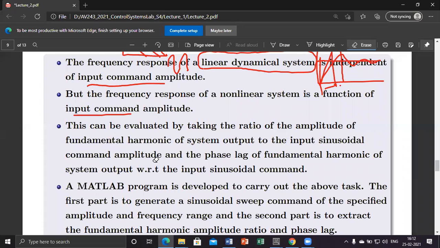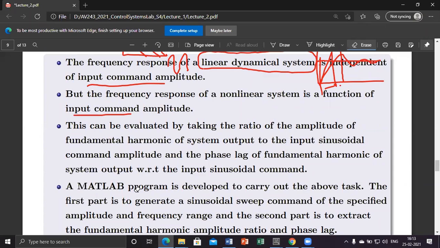It will contain sin 2 omega t, sin 3 omega t, etc. Similarly, cos 2 omega t, cos 3 omega t, like that. That is, the output will contain harmonics of the input. So there is a need to redefine the frequency response when we come across a nonlinear system.